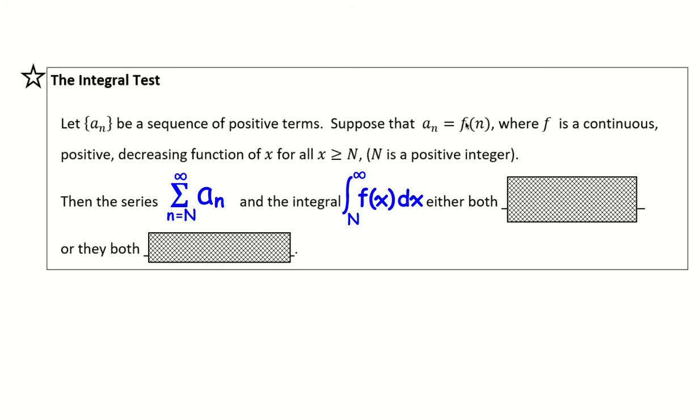And suppose that your series was basically a function, like an equation, a continuous function, it would be positive, and it would always be decreasing after a certain positive x value.